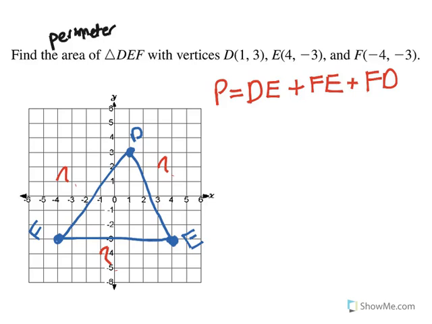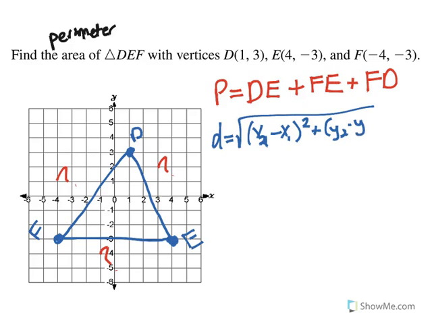We know how to find it using the distance formula. Remember, the distance formula is the square root of x2 minus x1 squared plus y2 minus y1 squared.